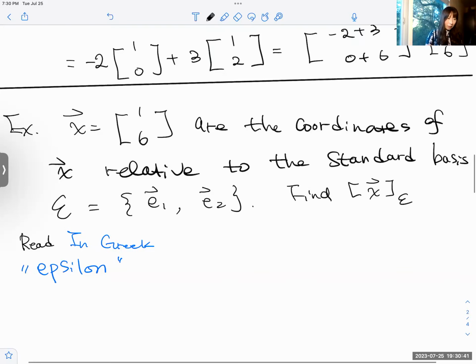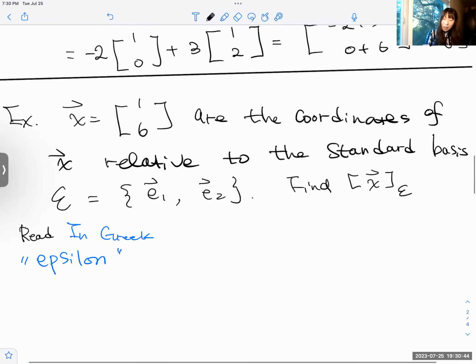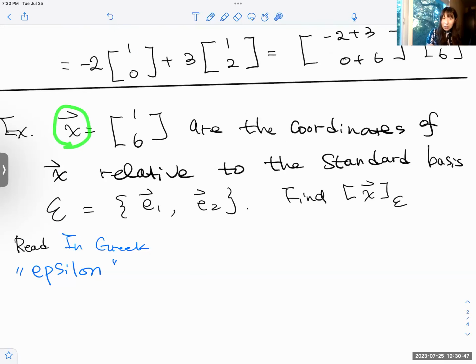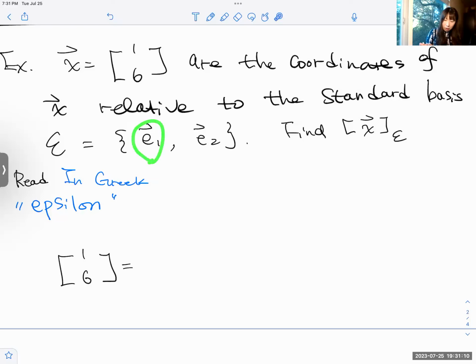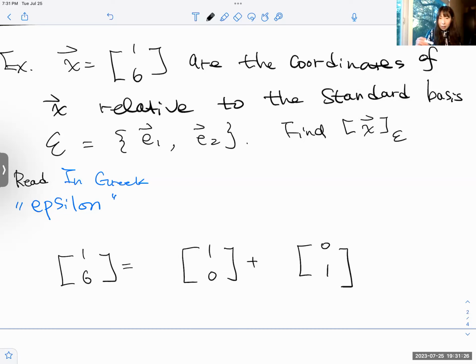We know that this is the vector, so we can express it as a linear combination: 1, 6 equals e sub 1, which is 1, 0, and e sub 2, which is 0, 1.